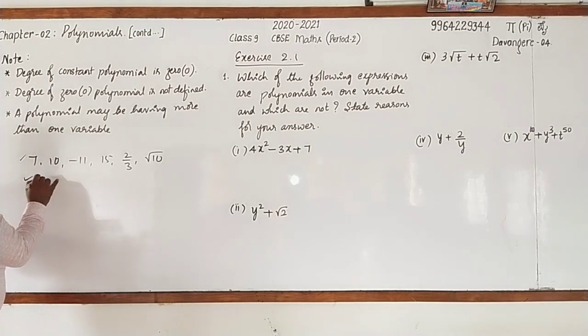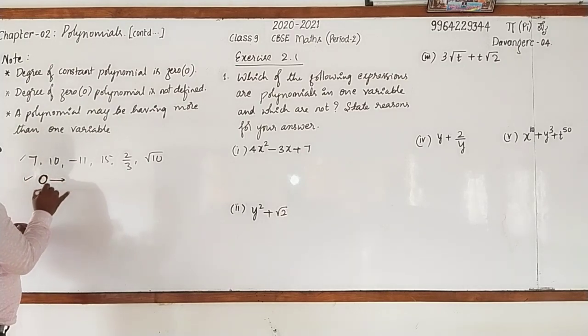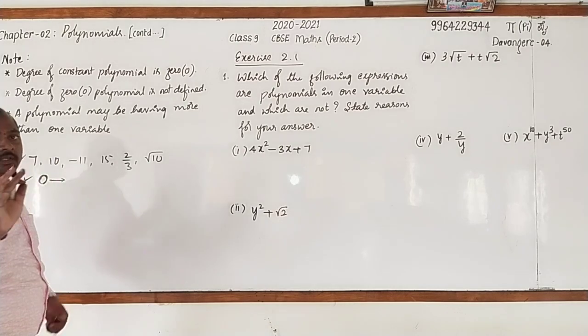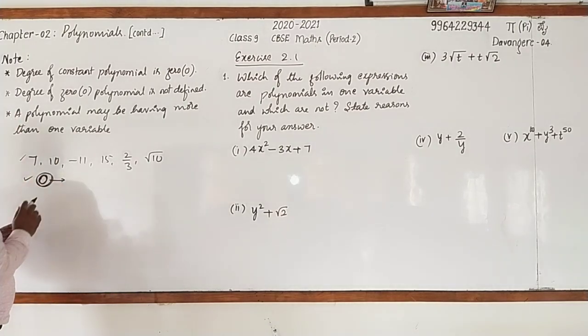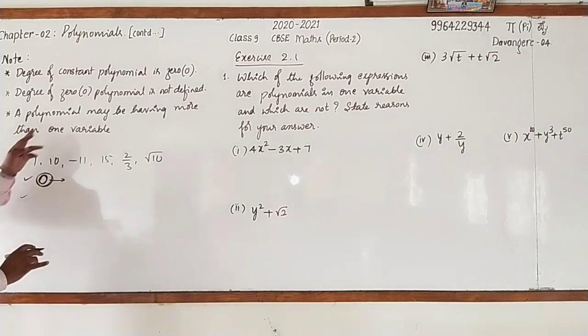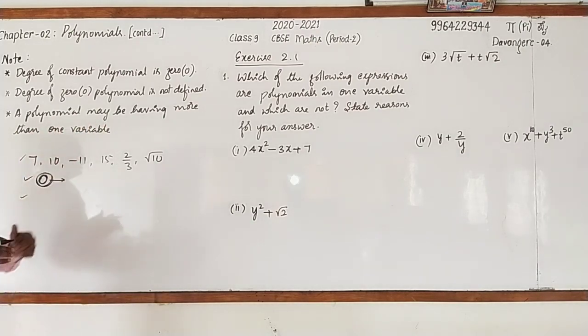That is, except these numbers, I take 0. What is its degree? Its degree is not defined. Clear? So this is the 0 polynomial; its degree is not defined. Remember.